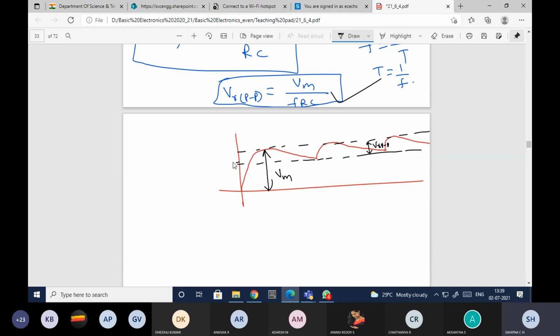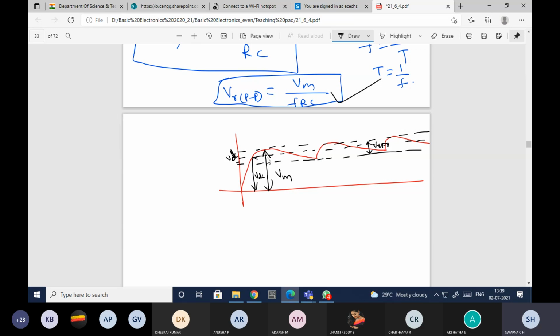Now I need to find the average value, the average of this output signal. If you take the average, I'll have it somewhere exactly at half of the ripple. So now I need to find this VDC value. From this ground point to this portion is your VDC.